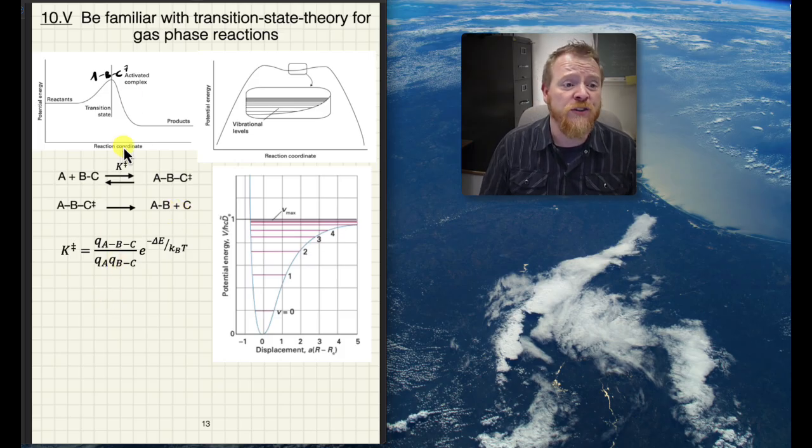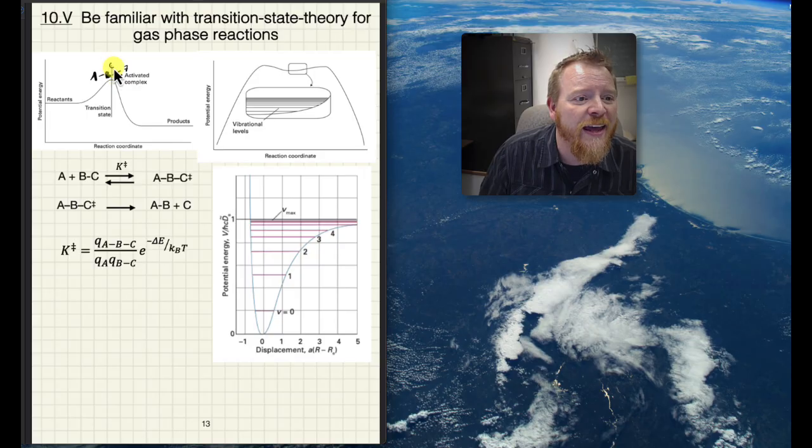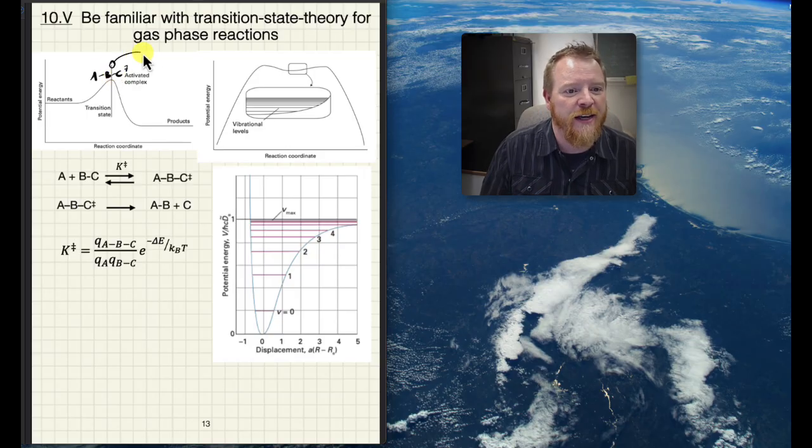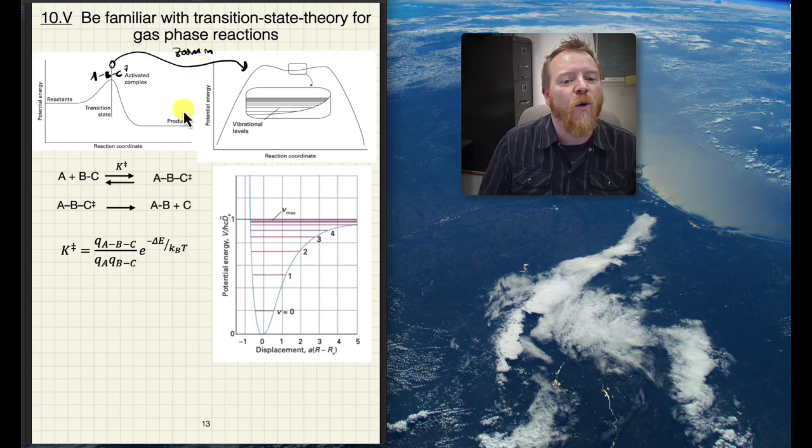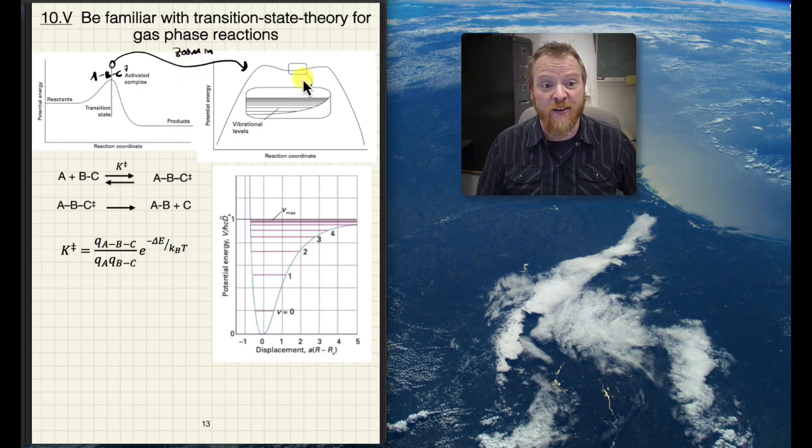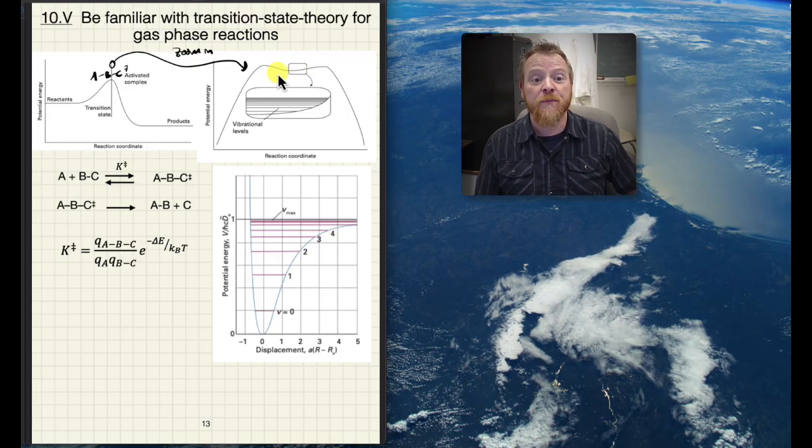So if we zoom way in to the top of this thing, right? So zoom in. What we would actually find is there is somewhat of a stable minima at the top of that activation energy.